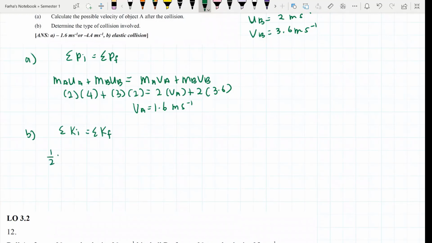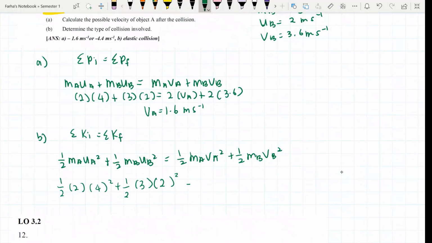We have half MA UA square plus half MB UB square equals to half MA VA square plus half MB VB square. So we substitute all the values. After the collision, half MA is 2 kg, VA is 1.6 square, plus half times 3 times 3.6 square.